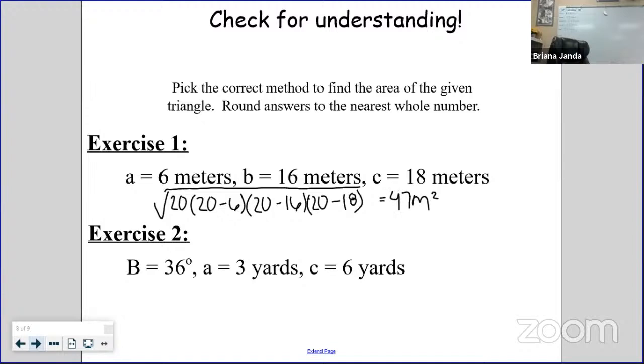Would you mind putting that on the board here? Just your equation and answer. Just the equation and then the answer.